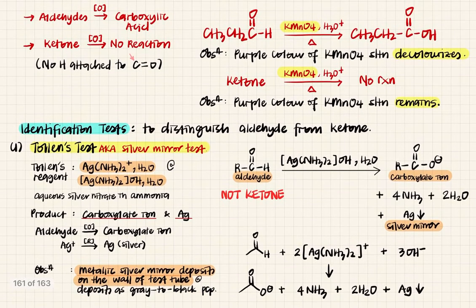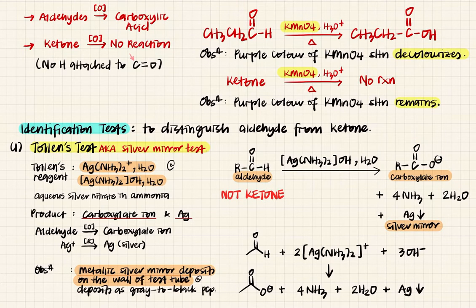Now we are going to look at identification tests. In carbonyl compounds, you can identify specific characteristics of your carbonyl compound. For Tollens' test, or silver mirror test, it is to distinguish aldehyde from ketone. So for aldehyde, you will get a positive reaction. What is a positive reaction?